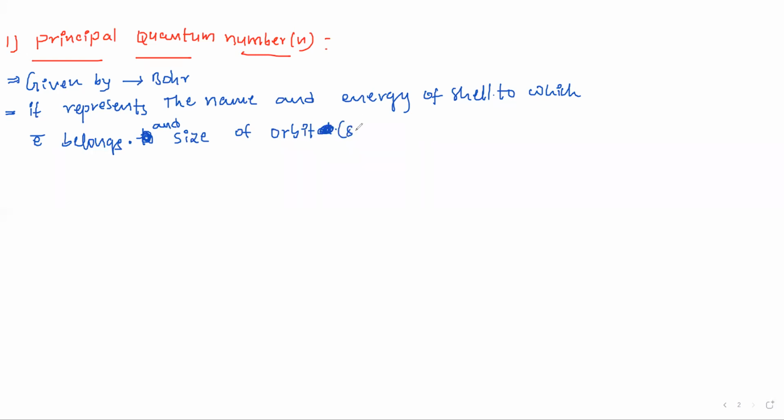Orbit is nothing but shell. Simply we can say energy and size.